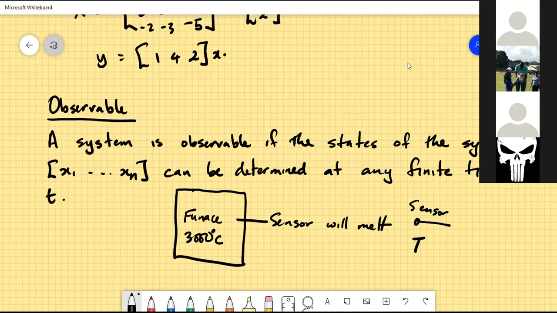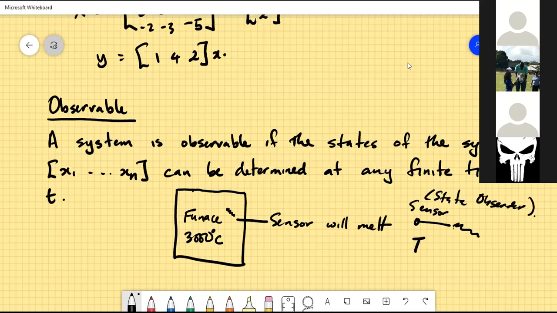In this case, the sensor would be called a state observer. So you can use the sensor over here to estimate what the temperature inside the furnace is going to be.